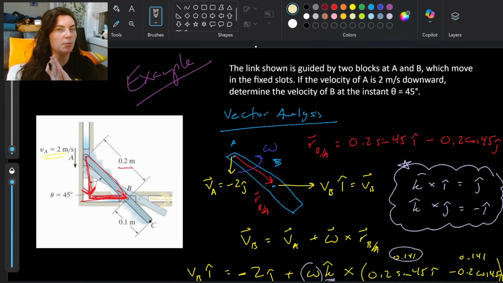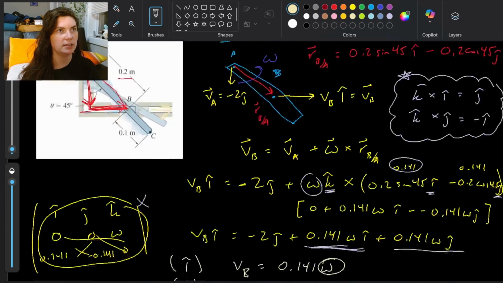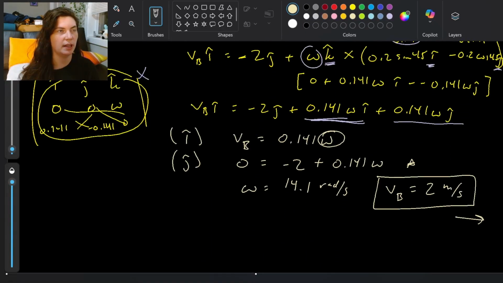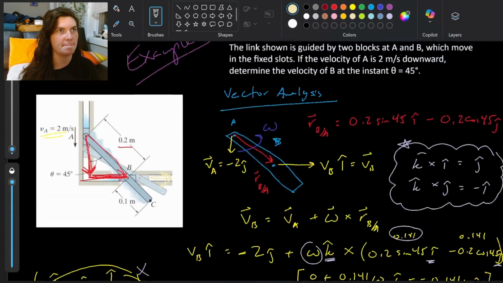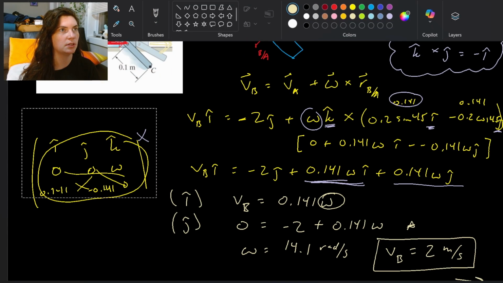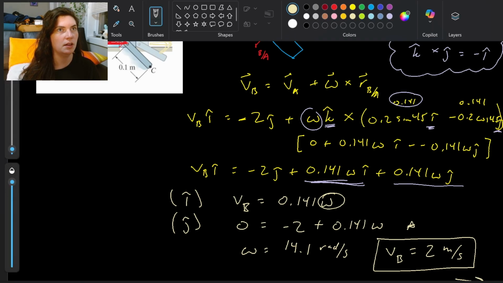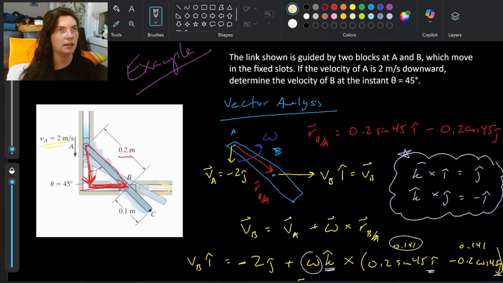But let's do this problem again, looking at it through the lens of a scalar analysis. I'm going to keep all that up there, but I'm going to get rid of this cross product over here. And I'm going to move this too.